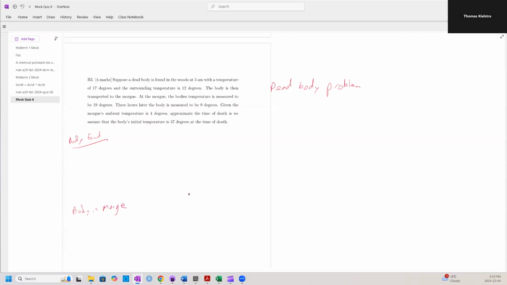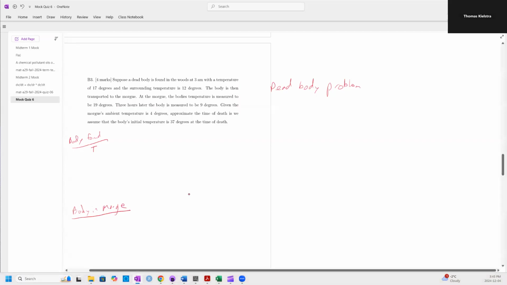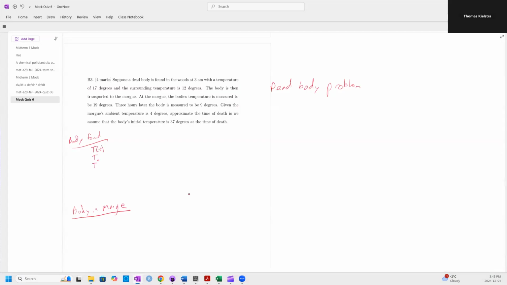And these bodies follow Newton's law of cooling, which involves the original time, T of t, T naught, T surrounding, K, and time.